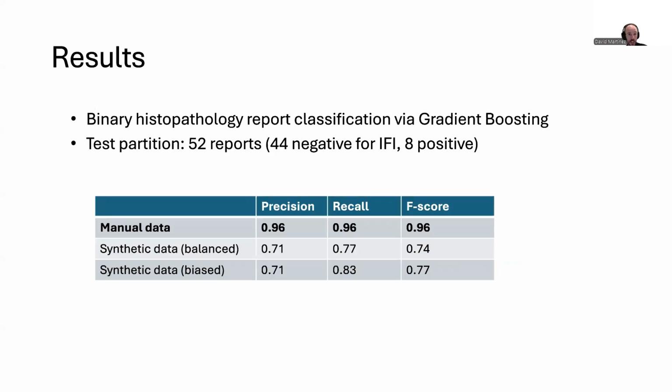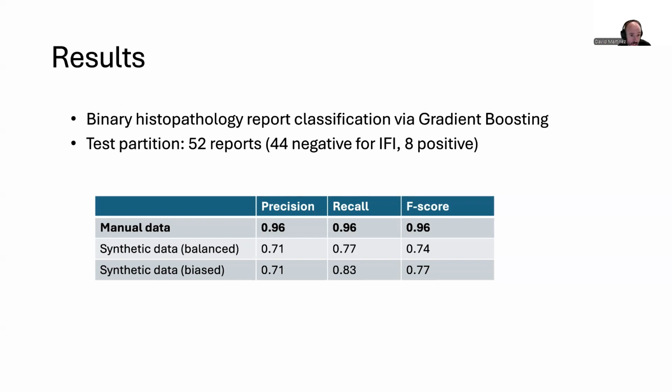We ran an experiment with the generated data and the manual data to compare, and the task was to do binary classification of histopathology reports that have been manually annotated by clinicians using gradient boosting. And we see the results there, and we see at the top of the table the results for manual data are very high, as has been shown in previous work.